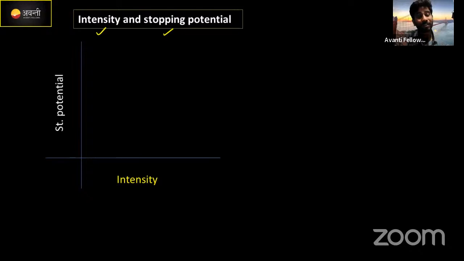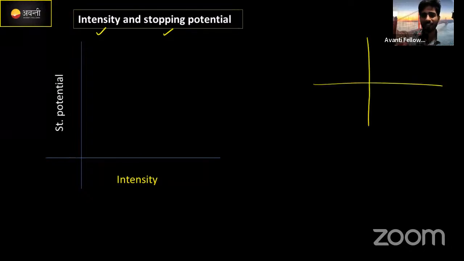Look at the graph once, I explained it two times. If you increase the intensity, the current value will increase, and then it will come to the saturation point. Look here, I drew the graph like this, correct? This is negative potential, this is positive potential.